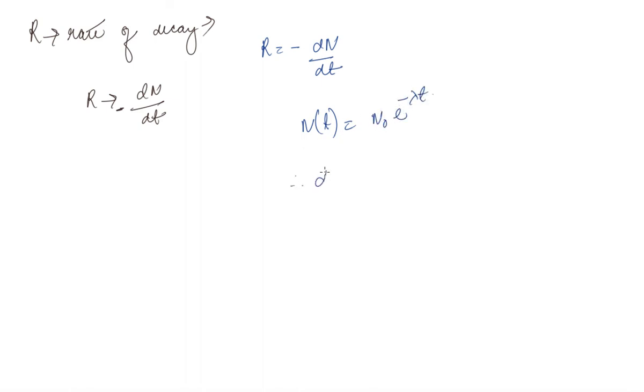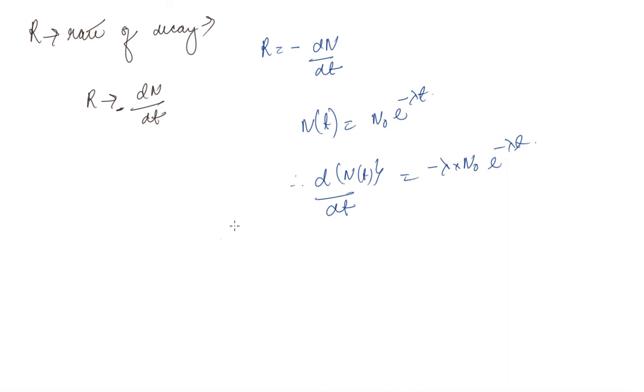So if I differentiate, dN of t upon dt gives minus lambda into N naught into e to the power minus lambda t.